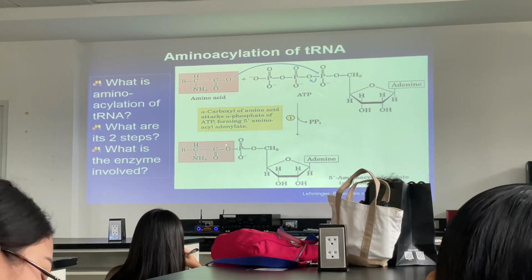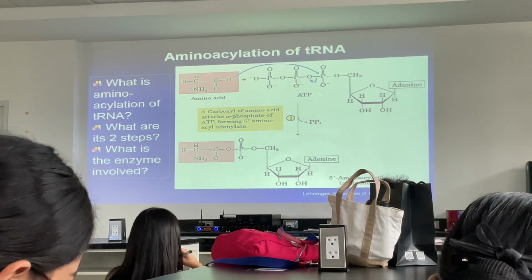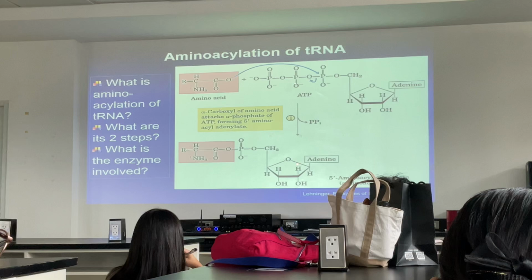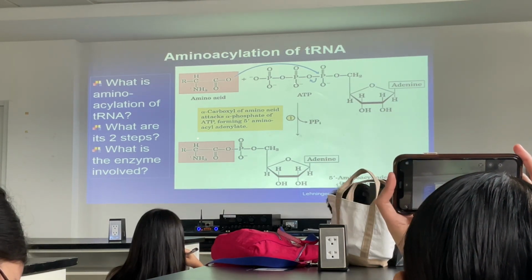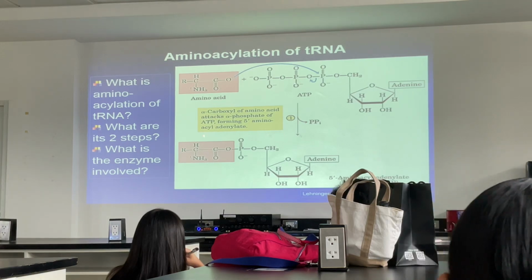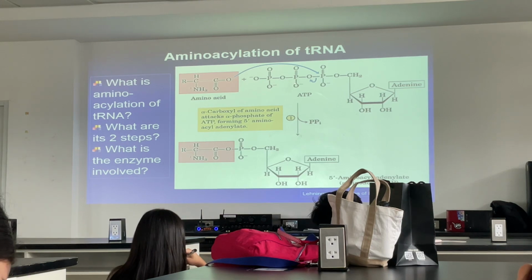In that way, the amino acid now becomes attached to what? Adenosine monophosphate. So that's why the product of the activation of the amino acid is called aminoacyl adenosine monophosphate, or 5 prime.